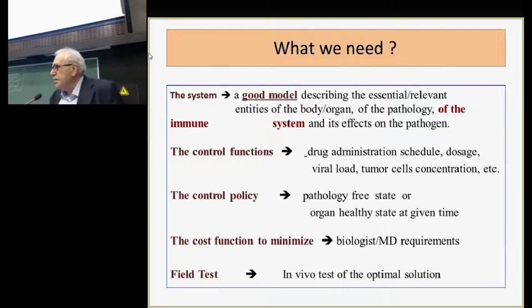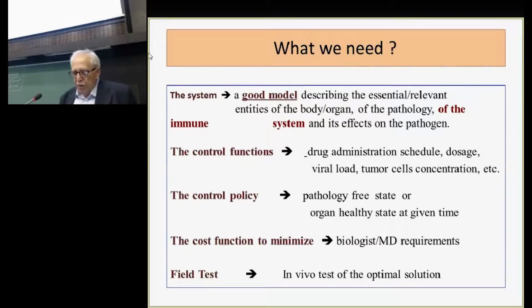Control functions, that's much easier. We know the drugs. We should, in quotes, know the effect of the drugs. In some cases, we don't really know exactly what the drug does. We can control the dosage and the time at which we administer the drugs.